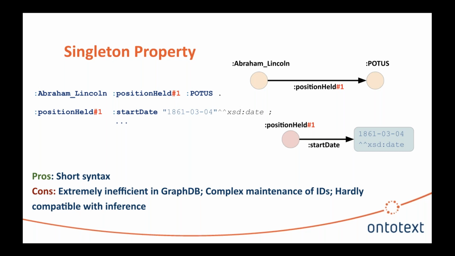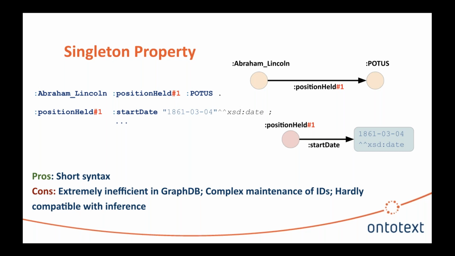So depending on the query, if I want to see something for exactly this relationship, I'll use the position held and the ID of the statement. So it basically acts as a sort of statement ID. And if I am interested only in the position held, I'm going to ignore the local part. Obviously, it's a smart way to work around this and to encode statement IDs in the statements.